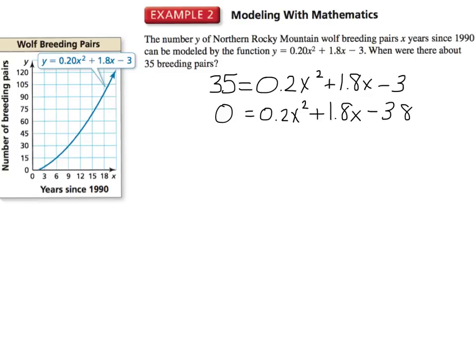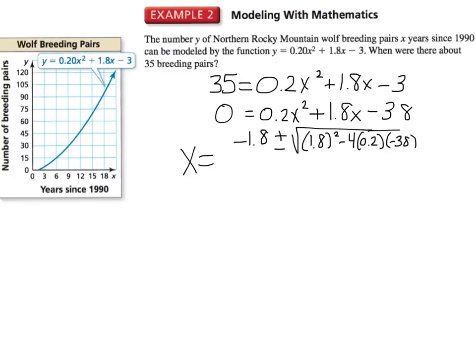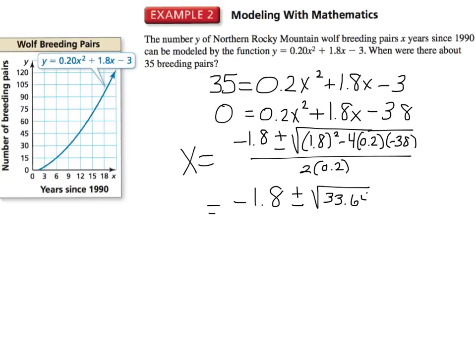So now I just plug everything into the quadratic formula. Negative b plus or minus the square root of b squared minus 4 multiplied by a multiplied by c, divided by 2 times a. If I simplify all of this, I would get negative 1.8 plus or minus the square root of 33.64, divided by 4/10.